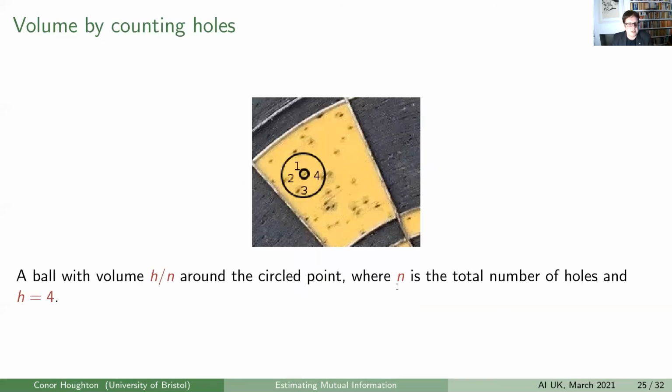And so this little region we had before, what would its volume be? Well, its volume, according to this volume measure that we've decided to use, is h over n, where n is the number of points, in this case 4. And so we'd say that that little region had an area or volume 4 over n.